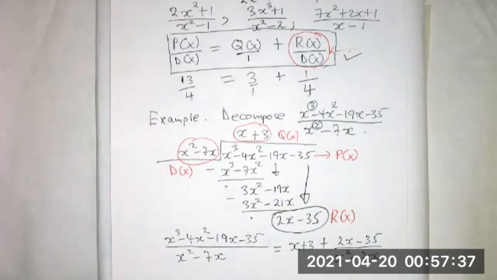Now, in this form, what it simply means is that this one is over 1. We are not worried with it.